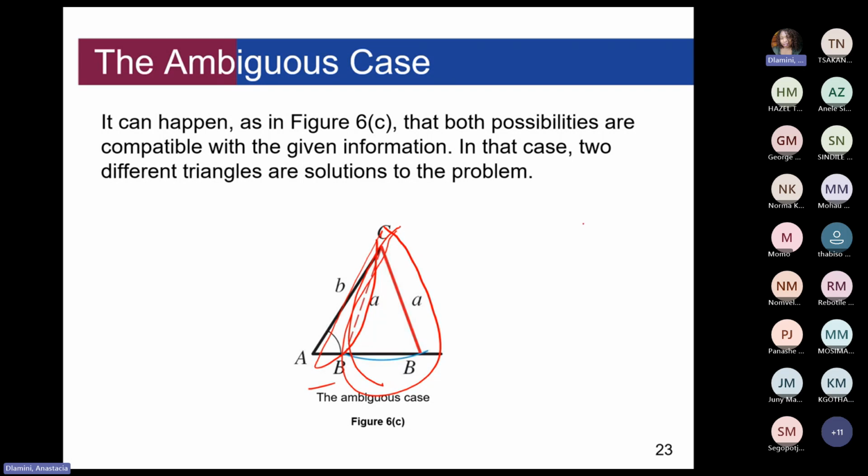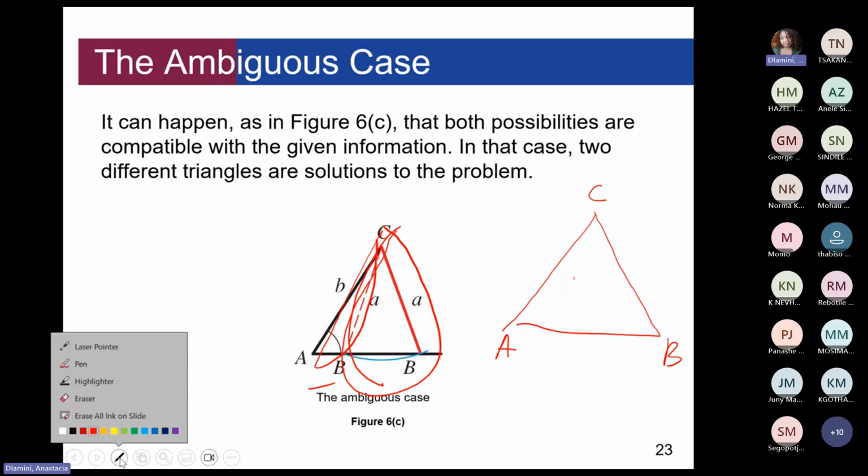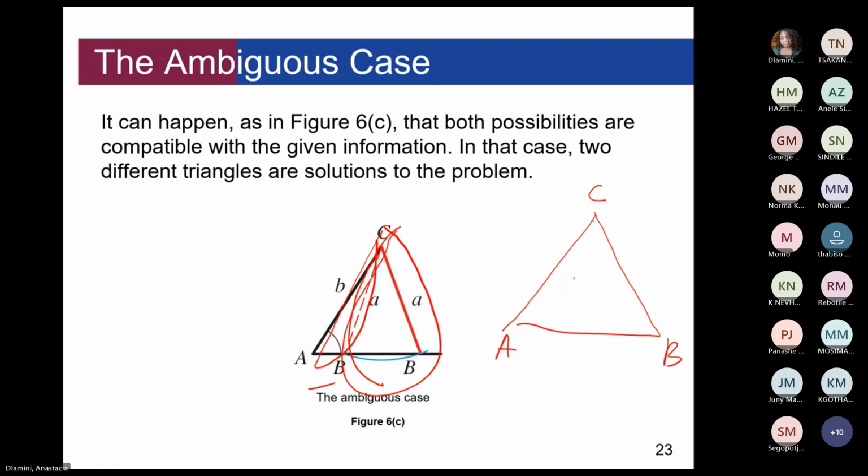So meaning that B will be like this. Now our triangle is like this, where I have an A, I have a C, I have a B here. Now I have two B's like this. Let me write a dotted line.